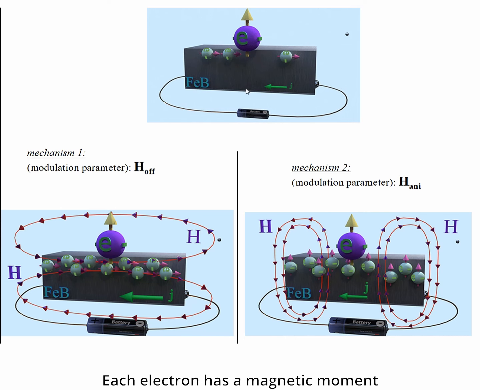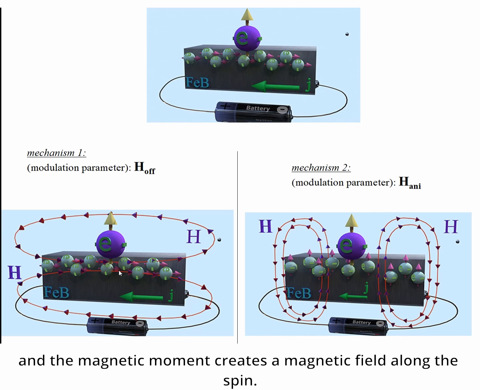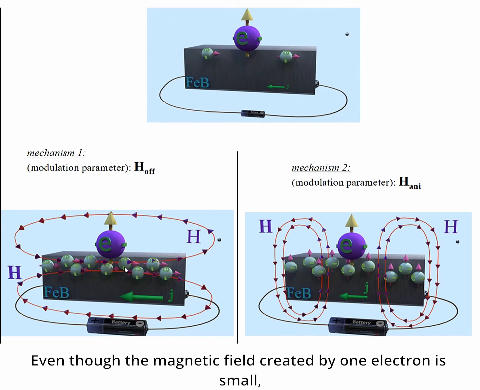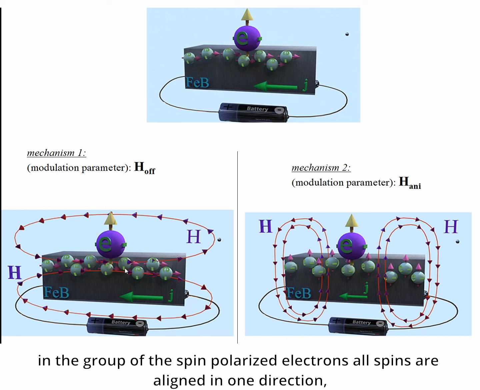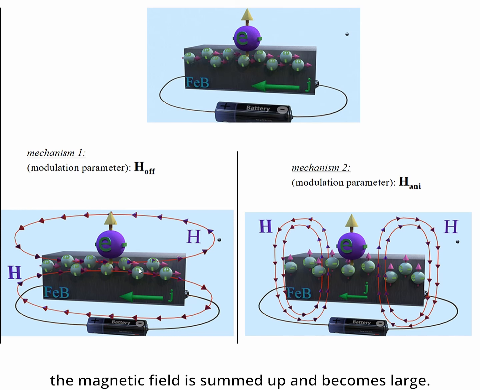Each electron has a magnetic moment, and the magnetic moment creates a magnetic field along the spin. Even so, the magnetic field created by one electron is small. In the group of spin-polarized electrons, all spins are aligned in one direction. The magnetic field is summed up and becomes large.